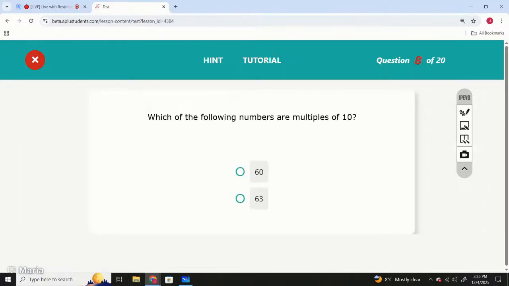Which of the following numbers are multiples of 10? That is 60. Very good. Option number 1 is the correct option.